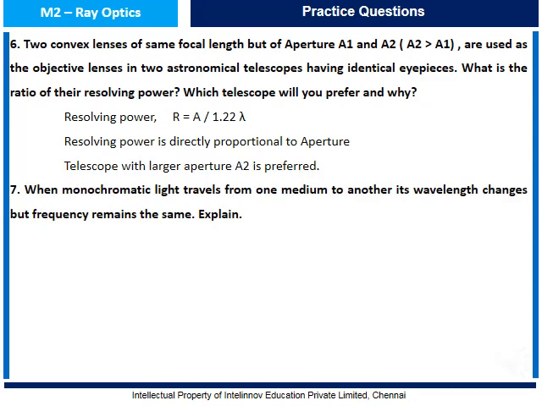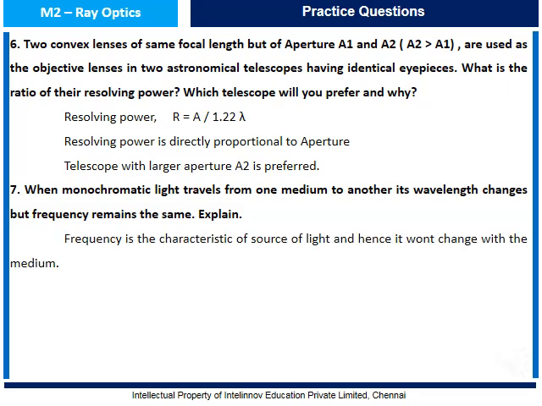Question number 7. When monochromatic light travels from one medium to another, its wavelength changes but frequency remains the same. Explain. We know frequency is the characteristic of the source of light and hence it won't change with the medium. Refractive index is given by speed of light in vacuum by speed of light in medium.